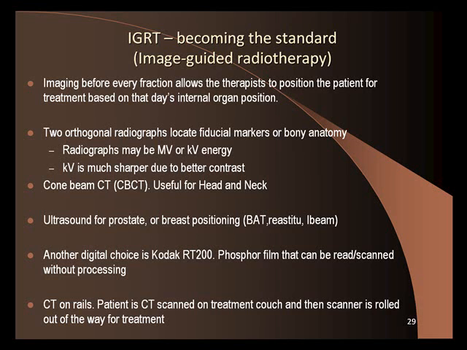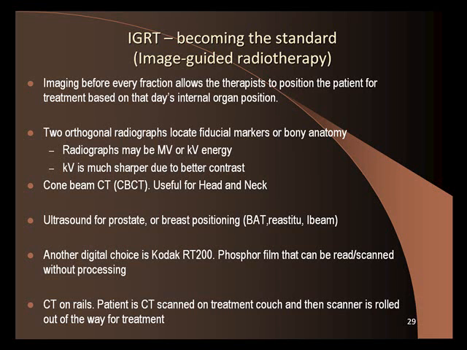We'll put 2 linear markers inside the prostate with needles. I don't do it, but the urologists do it. And then we locate those with KV imaging. So we locate either markers or we locate bony anatomy. So we'll locate cranium, pelvis, spine, that kind of thing. So the radiographs that we take may be MV or KV. KV is much sharper due to the better contrast.